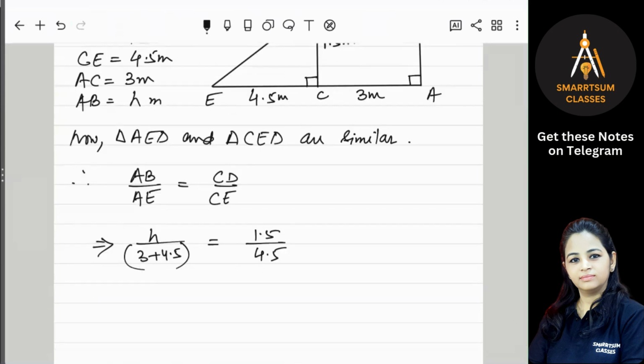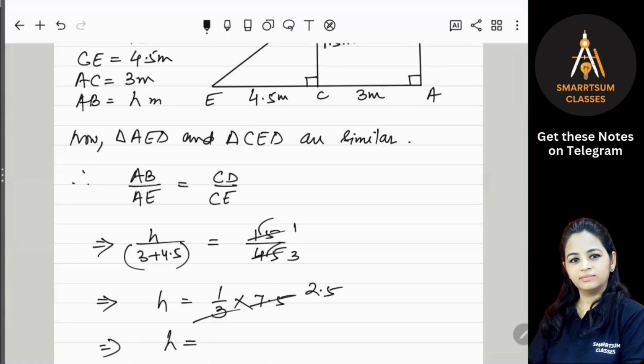Now we can simplify this. So 1.5 upon 4.5 will become 1 by 3. So now H is equal to 1 by 3 into 7.5, since 3 plus 4.5 is 7.5. Now this can be cut, and this is 2.5. So in this way, we have got the height of the lamppost, that is 2.5 meters.